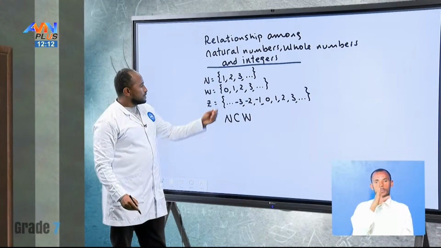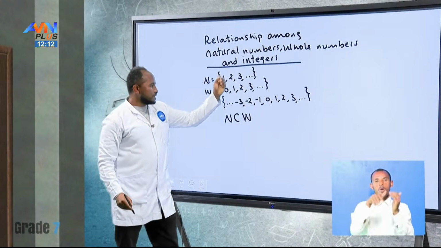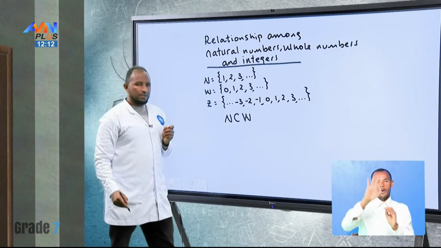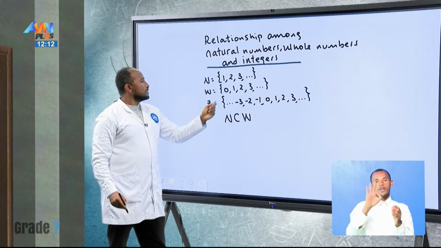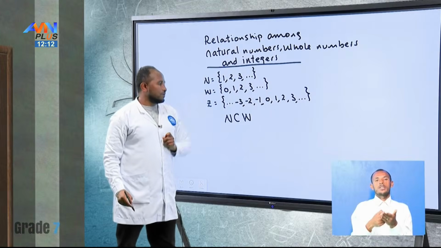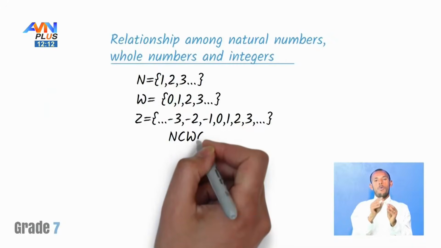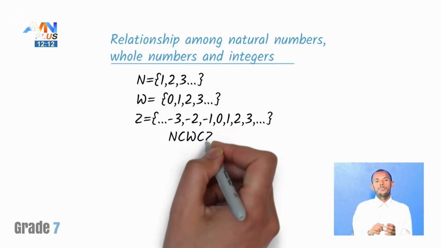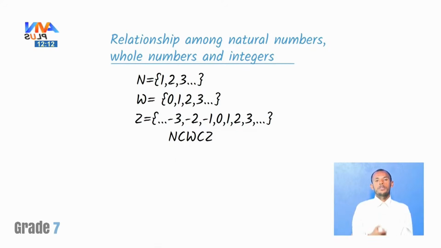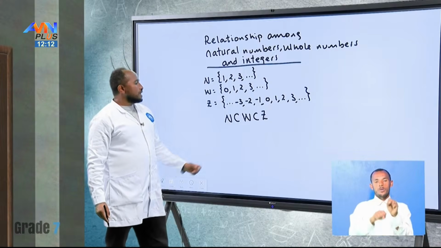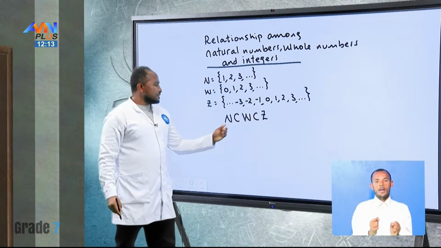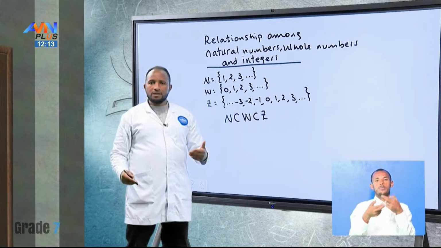Again, you can see that all whole numbers are found in the set of integers. Therefore, the set of whole numbers is a proper subset of the set of integers. This is a relationship. So we can write this relationship using a Venn diagram.